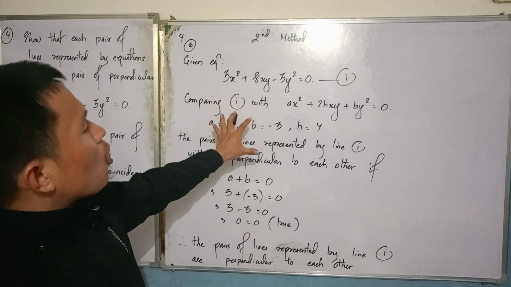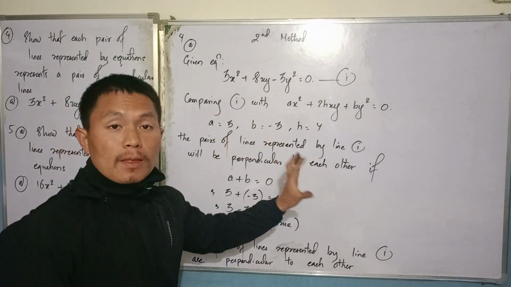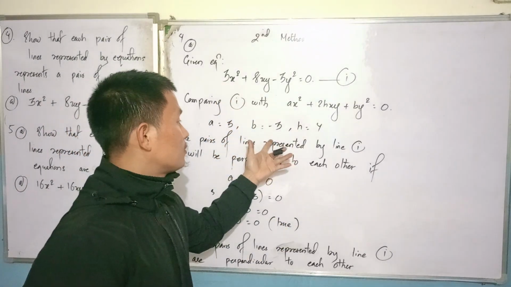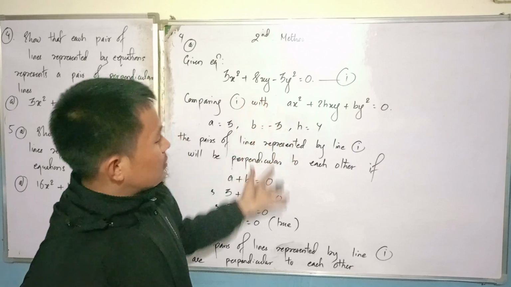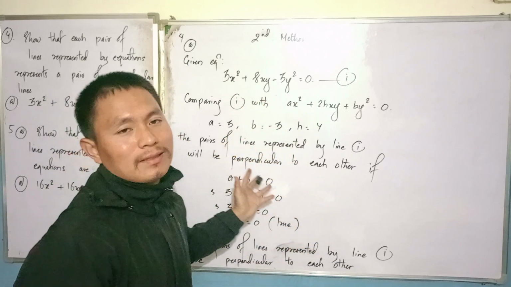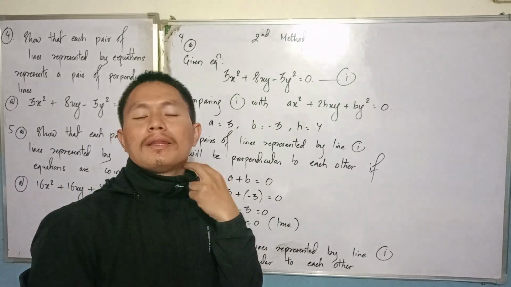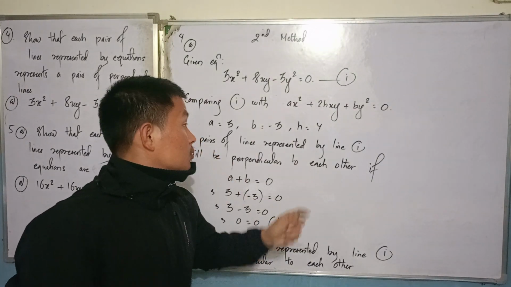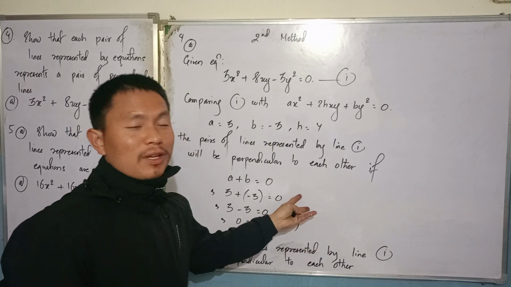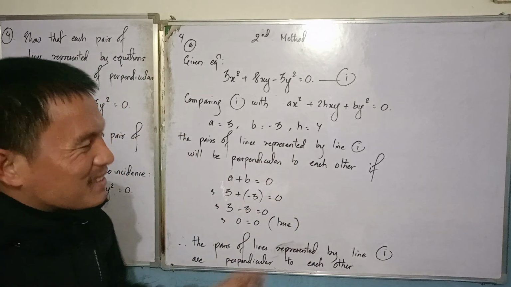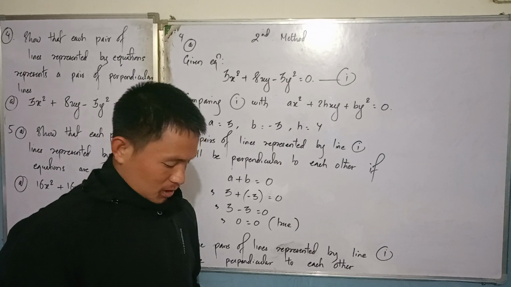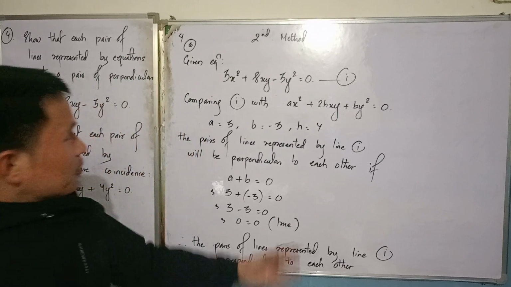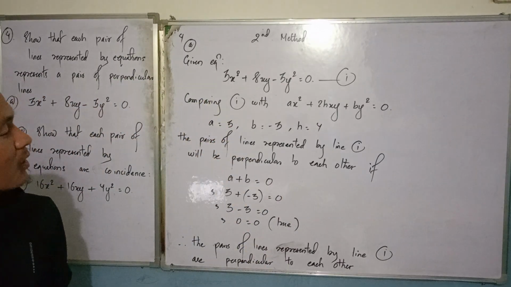So I think I'll prefer this method. The very first method is a little bit lengthier for a 1 marks question. This one is more suited and it will consume less time. So yes, I prefer the second method, a very short one.